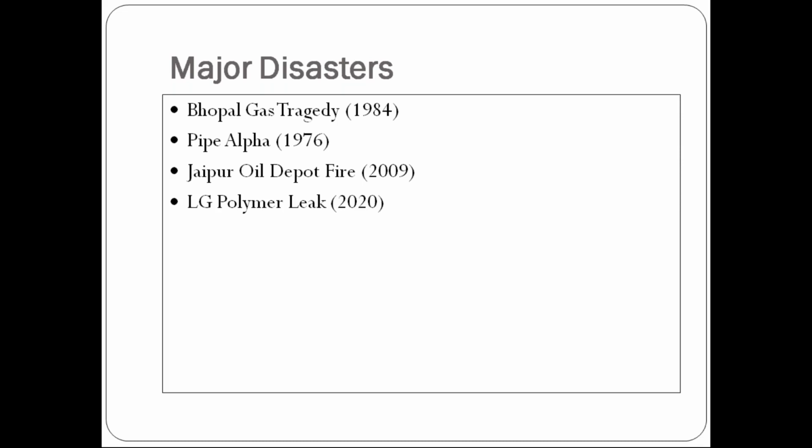We will spend a few minutes on that. Another incident was the Piper Alpha. There was a major fire in the Jaipur oil depot in 2009, and there was LG Polymers. It is nothing but a monomer styrene leak from one of the facilities. This was post lockdown in India.